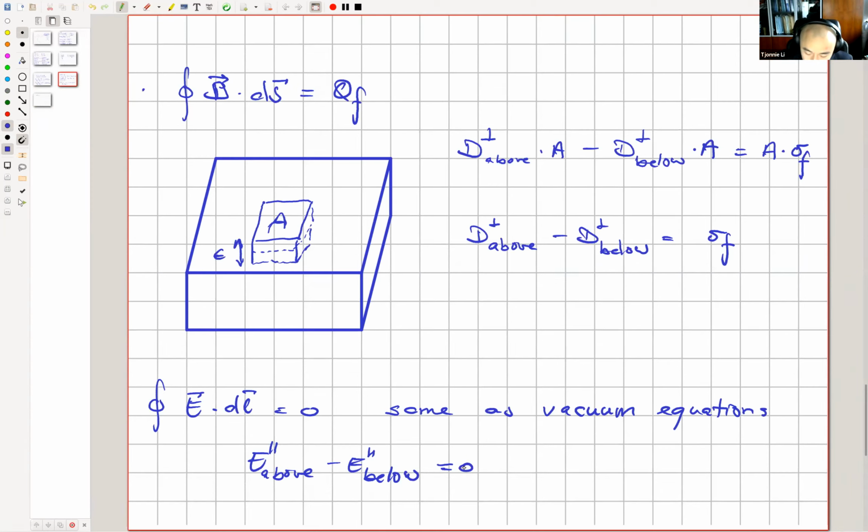Now, by virtue of this one here, you can also immediately see that phi above equals phi below, right? Because the boundary condition that we had for phi, for the scalar potential, is derived from this equation over here.